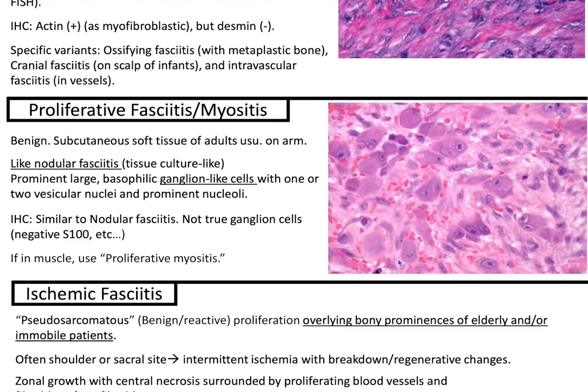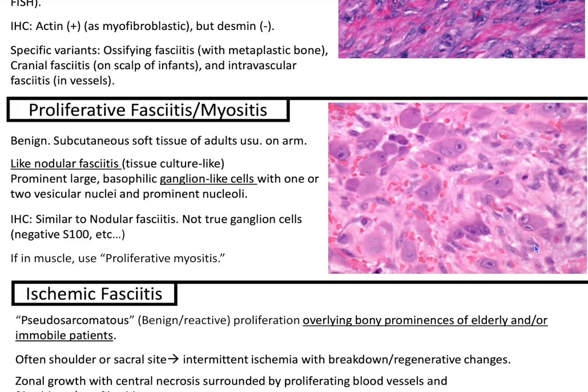Proliferative fasciitis and myositis, these are benign. They arise in the subcutaneous soft tissue of adults, usually on the arm. It's like nodular fasciitis with this tissue culture-like appearance, but you'll have these large basophilic ganglion-like cells with one or two vesicular nuclei and prominent nucleoli.